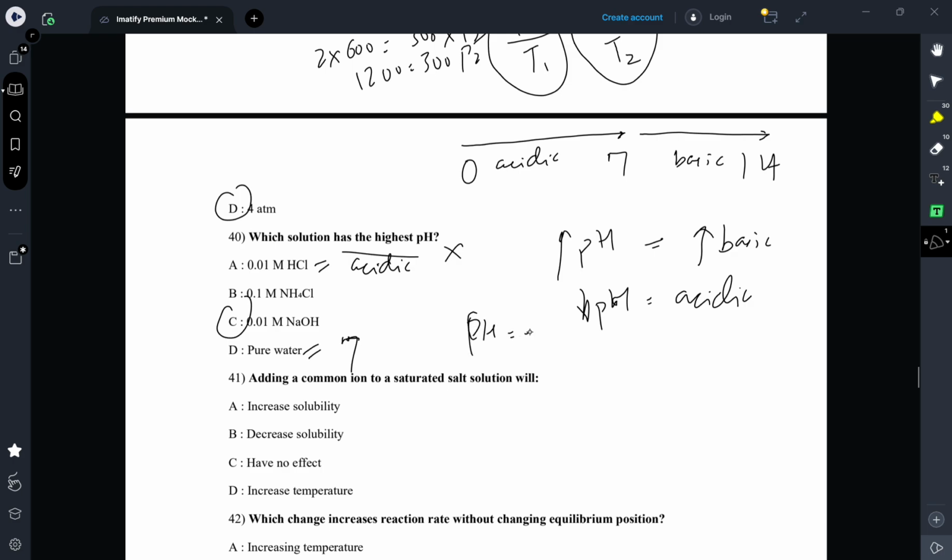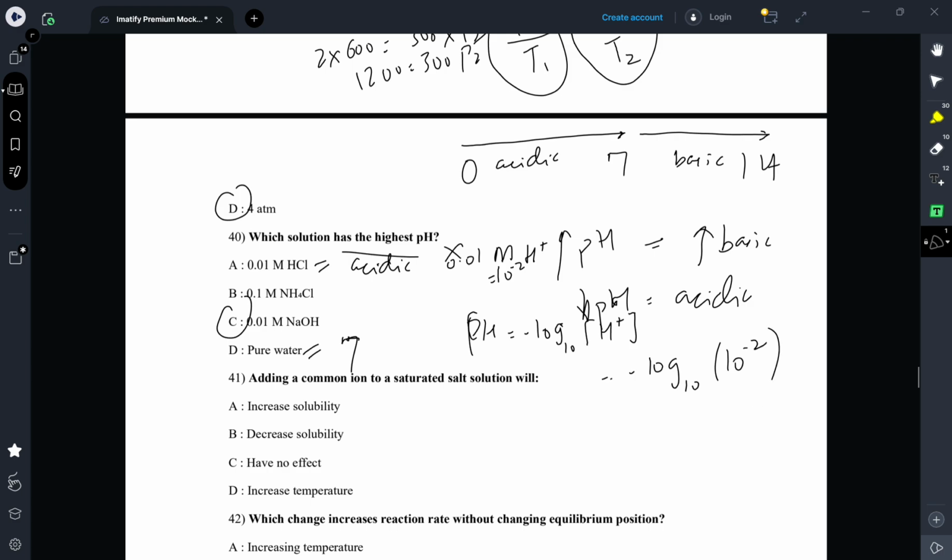pH is equal to minus log 10 of the concentration of H plus ions. Now HCl is a strong acid, so it will dissociate completely. So it will form 0.01 molar concentration of H plus ions, which we can write as 10 raised to power minus 2. So minus log 10 of 10 raised to power minus 2.